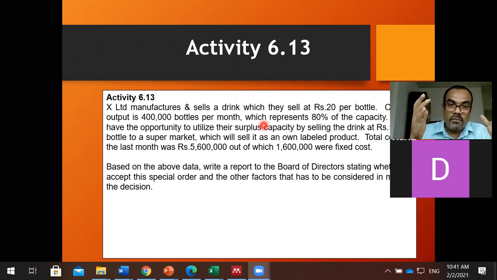If it said your normal capacity is 400,000 and you operate at 80%, then your answer would be correct. But it says the current output level is 400,000, which represents 80%. Therefore, your 100% is 500,000.